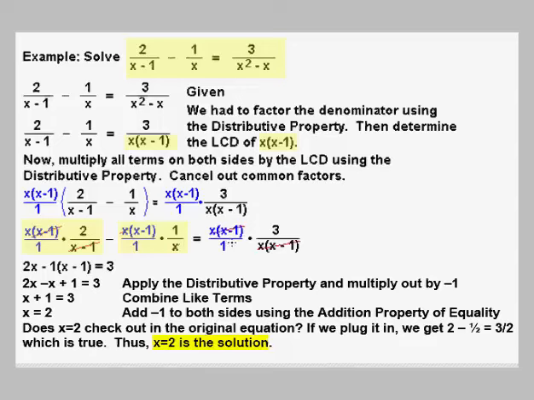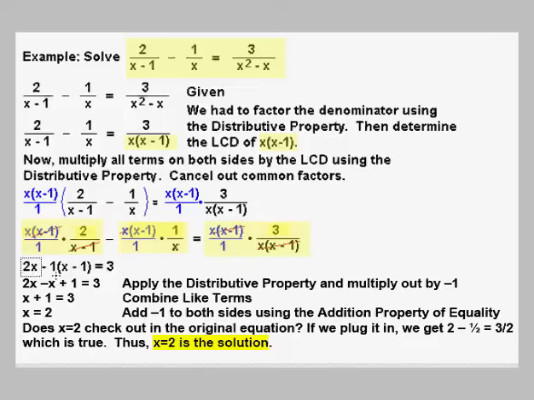And on the right side we multiply 3 over x times x minus 1 times the x minus 1, and then the entire denominator cancels out. And all we have left is 2 times x minus 1, minus x minus 1, equals 3.